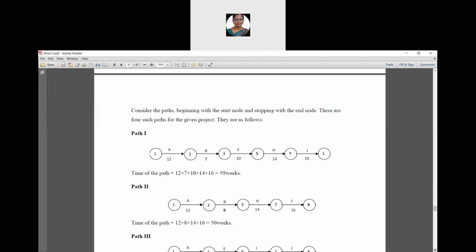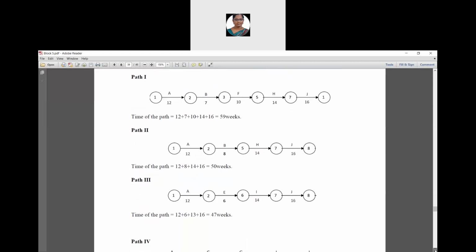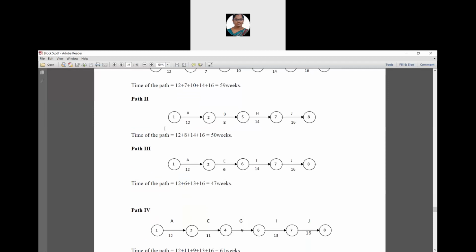Then path 2, it starts from the starting node 1 and ends with the ending node 8. So 1 to 2 is having an activity A and a duration value 12. 2 to 5 is having an activity B and its time duration value is 8. And 5 to 7 is having an activity H and its time duration value is 14.